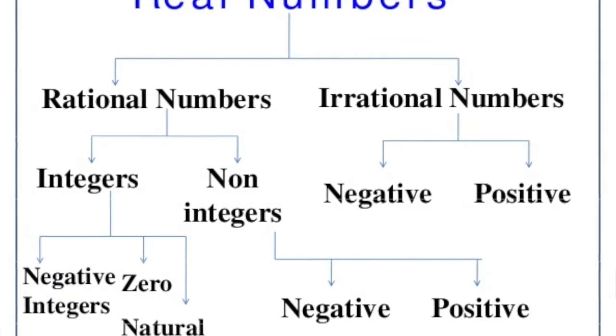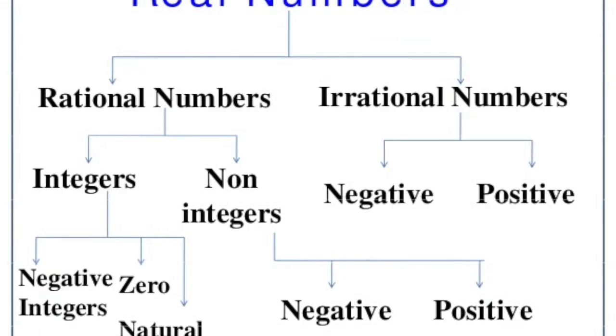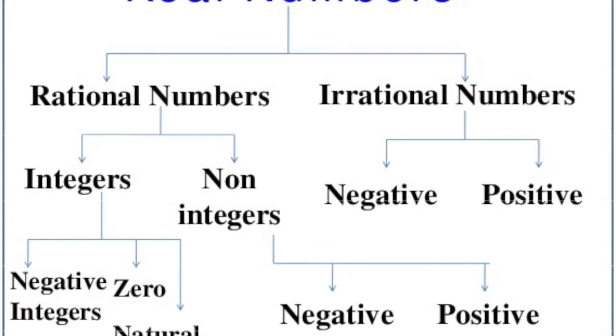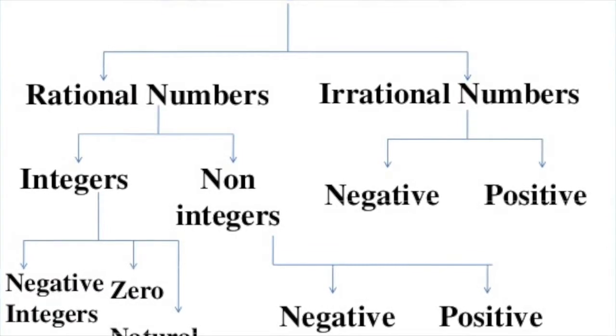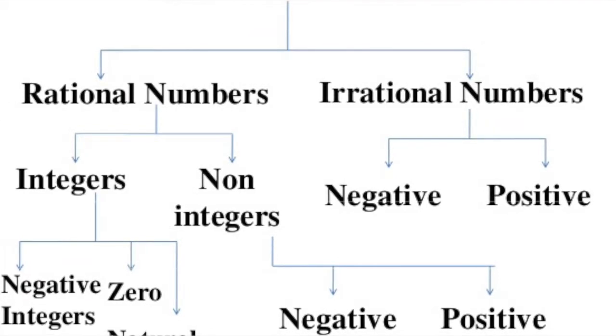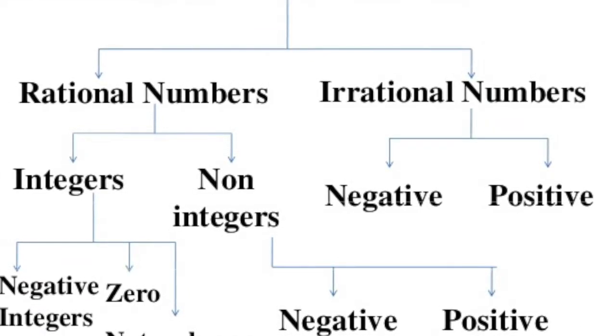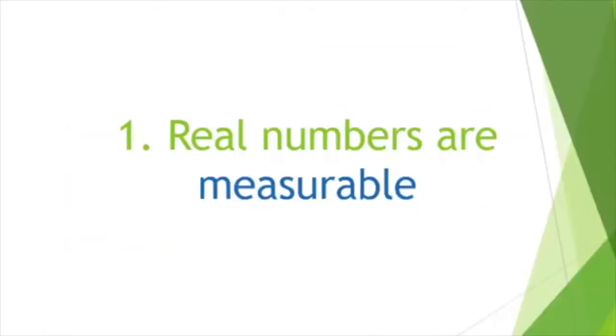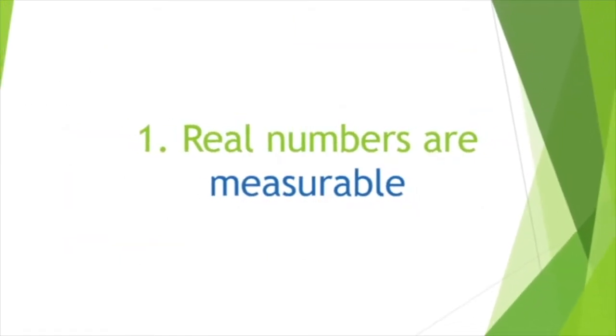In addition, the mathematical model is about 3 points. Firstly, real numbers are measurable. Secondly, real numbers have a concrete value. Finally, real numbers can be manipulated. I'm going to talk about and explain these 3 points. Firstly, real numbers are measurable.